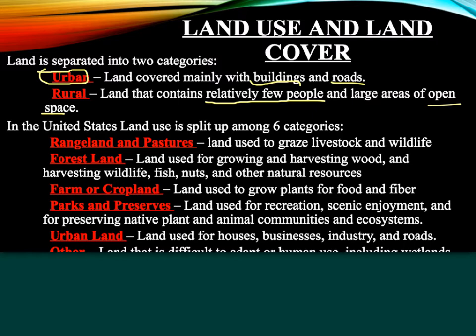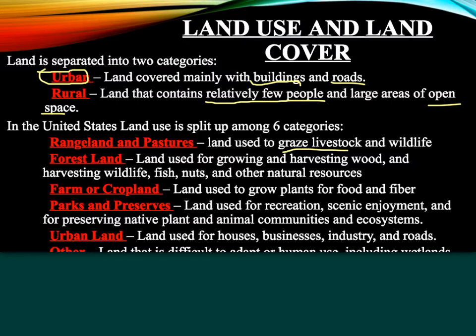And while we can separate it into the two broad categories of urban and rural, the U.S. itself splits up land use into 6 categories. There's rangelands and pastures, places where we graze livestock. Forest land, which is made up of forests, and it's where we get a lot of wood and wildlife, and hunting areas would be considered forest land.